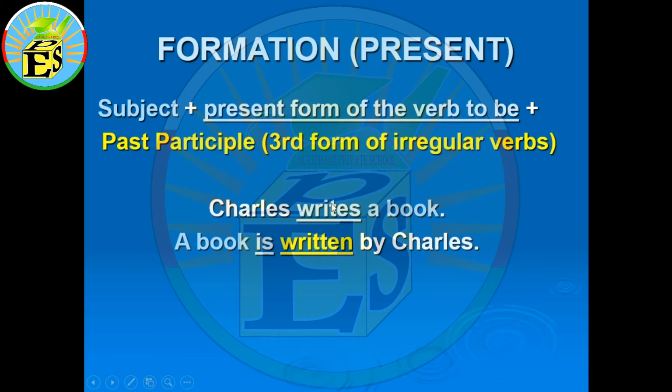The verb here is in present simple, and I change it to present simple in the passive. Verb to be, is, plus past participle from write. Write, wrote, written. A book is written by Charles.